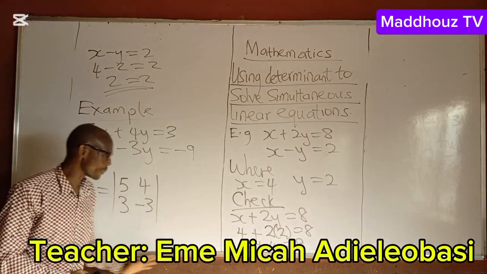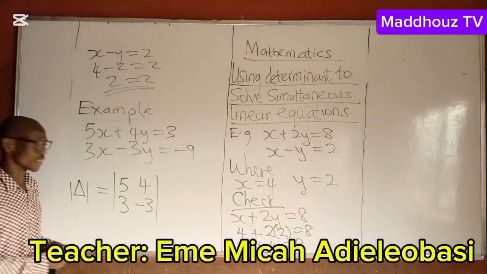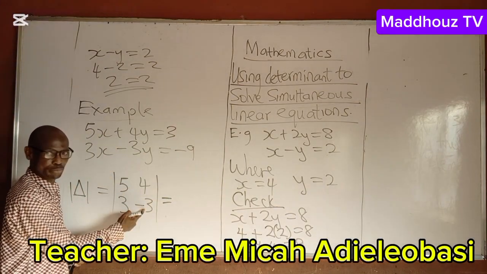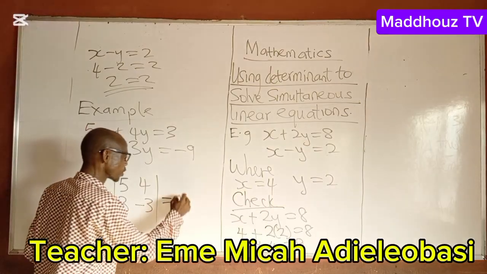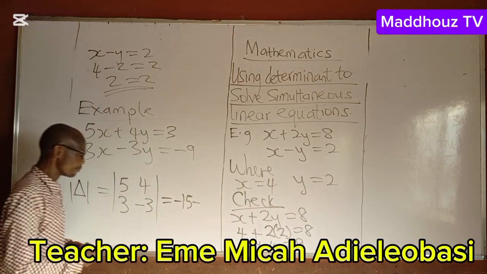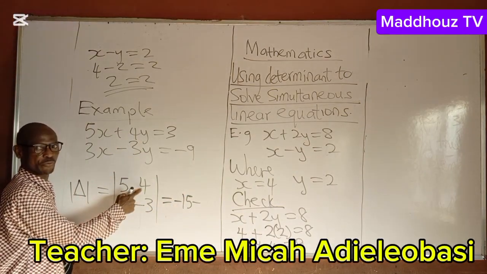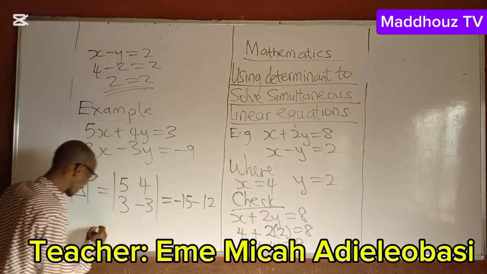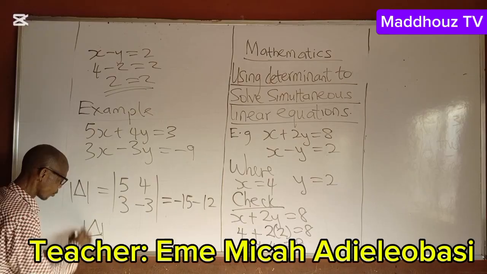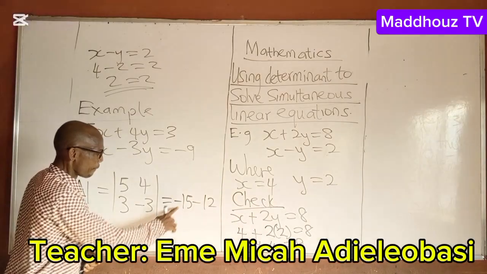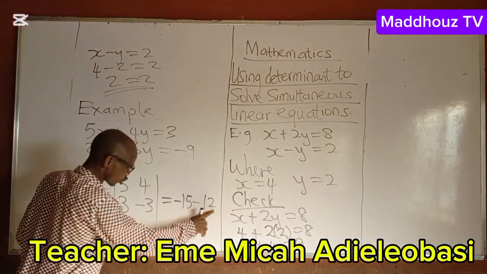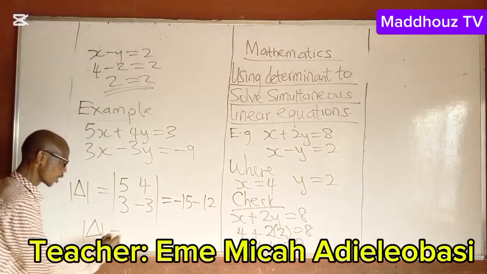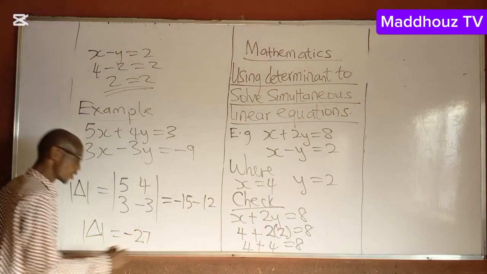So let's look for the determinant. How do we look for the determinant? We still remember: 5 times minus 3 gives us minus 15. Then minus 3 times 4 gives us minus 12. So our determinant will be equal to minus 15 minus 12, which gives us minus 27.